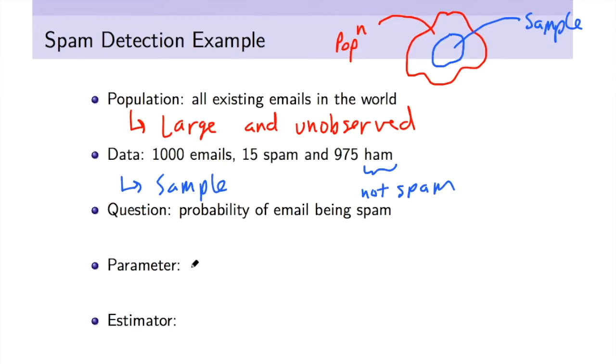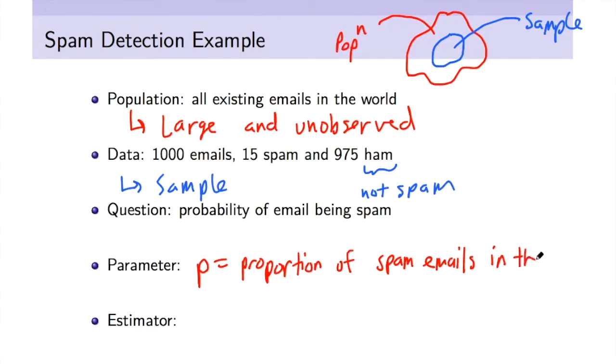Now let's discuss what the parameter would be. From the population, you can get a parameter. In this case, the parameter P is going to be essentially the proportion of spam emails in the population.